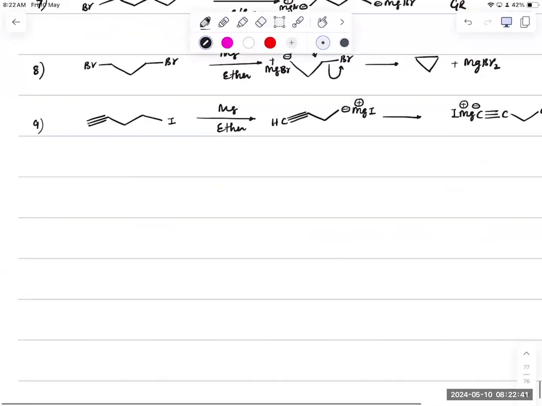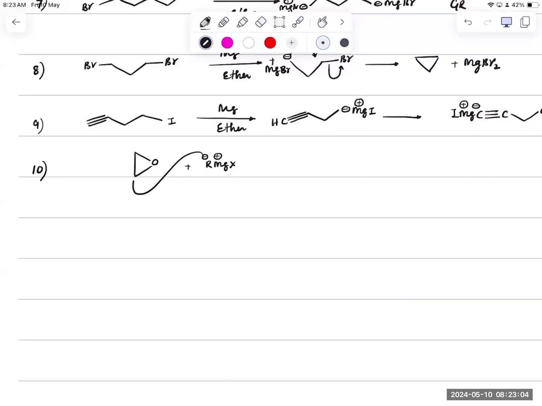Okay. Another thing where Grignards cannot be formed: suppose you take, for example, oxirane like this, and then you treat this with RMgX. RMgX generally is stable in ethers except for this ether. So the minus part and plus part, if you notice, this minus part will attack here, goes for an SN2 reaction here, thereby you will get R combined with these two carbons with O minus and MgX plus.